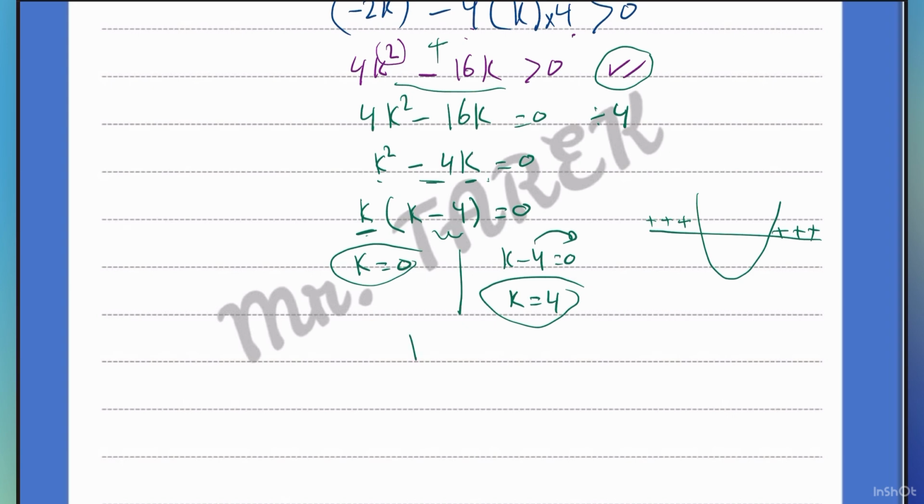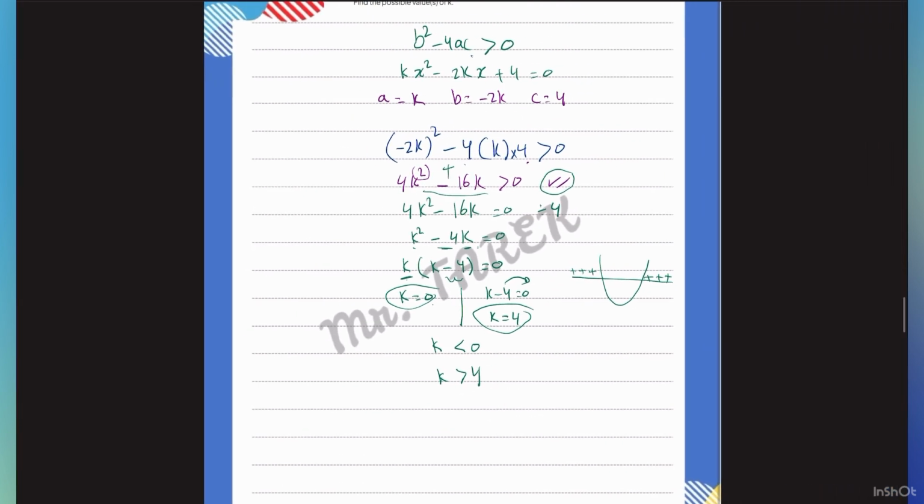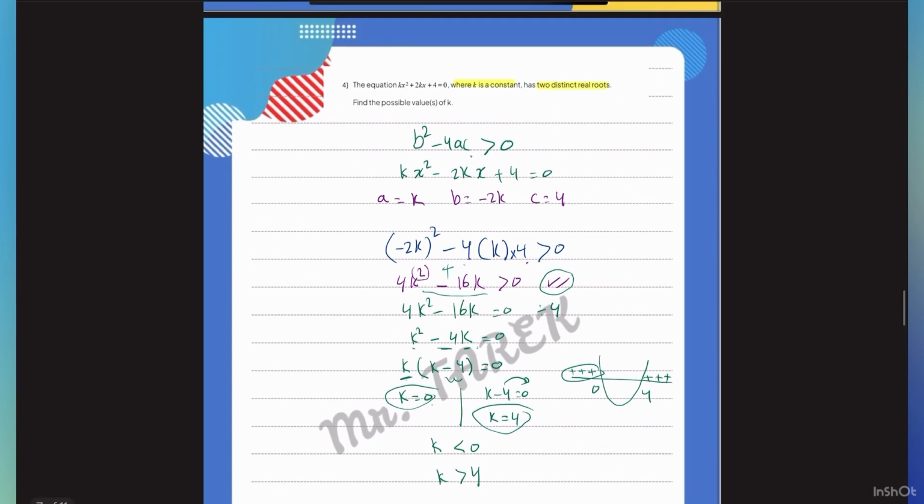You say k smaller than the smallest, which is 0, and k larger than the largest, which is 4. So k is smaller than 0 and k larger than 4. Read the question again: where k is a constant, has two distinct roots, find the possible values of k. So this is my last answer.